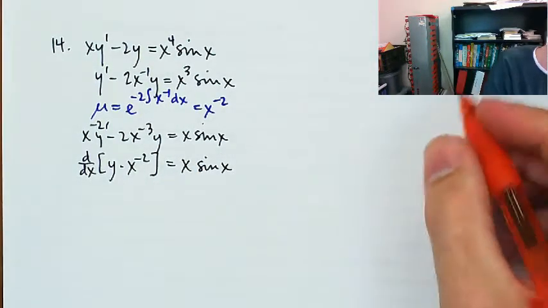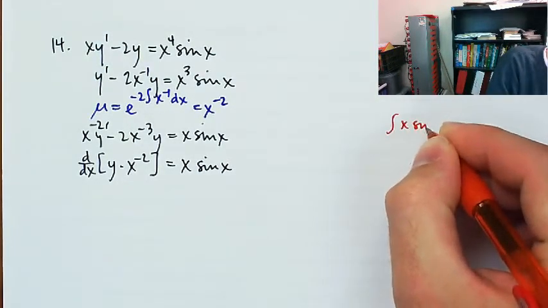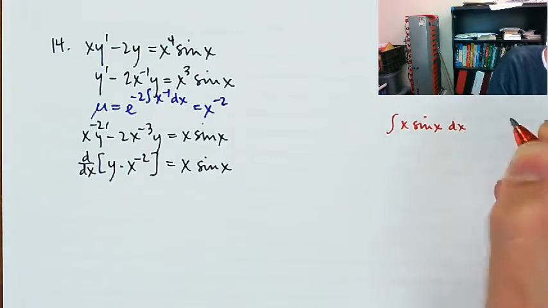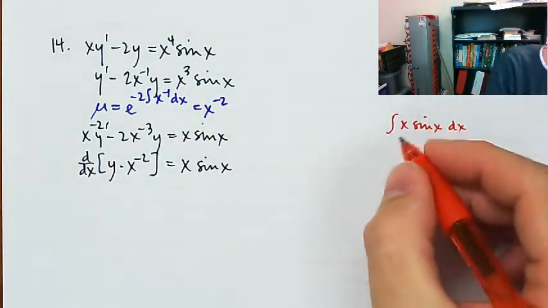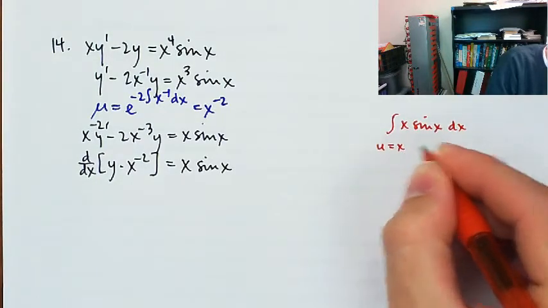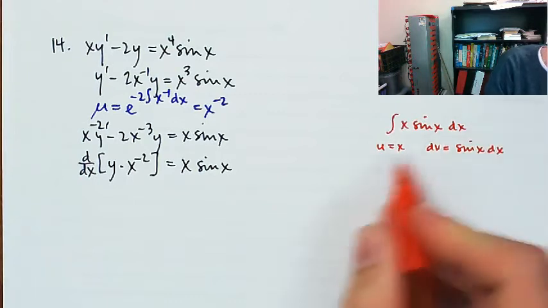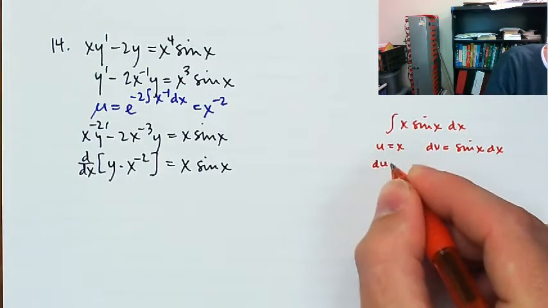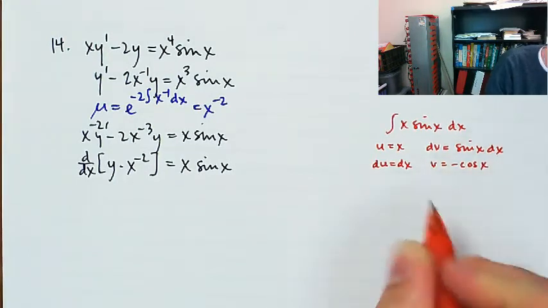And now I'm going to need to find an antiderivative for x sine x. This is the second time I've used u dv in this video, so I'm going to move a little quicker through it. Okay, algebra before trig. du is dx, v is negative cosine x.